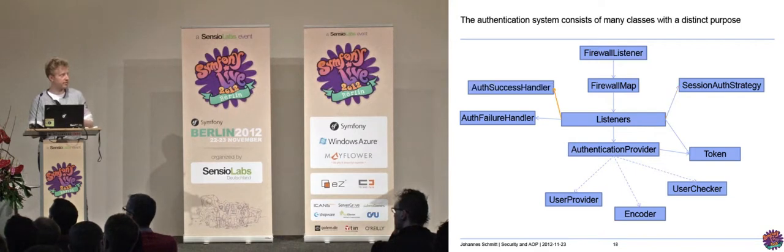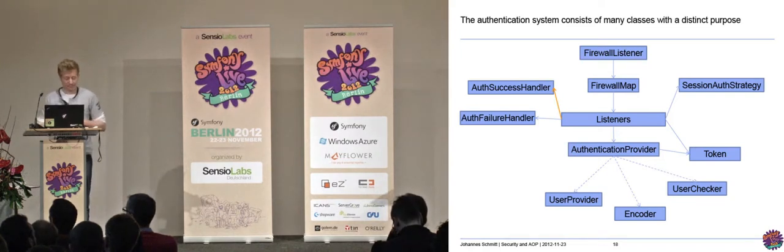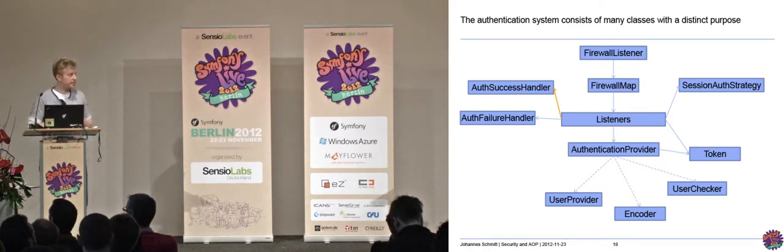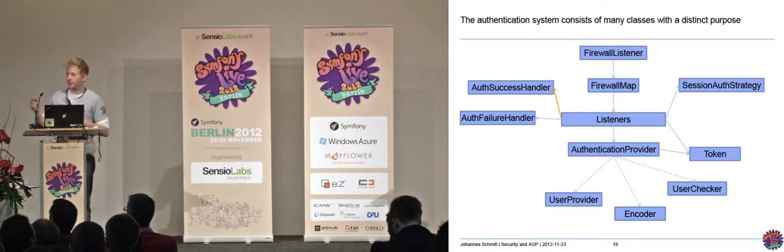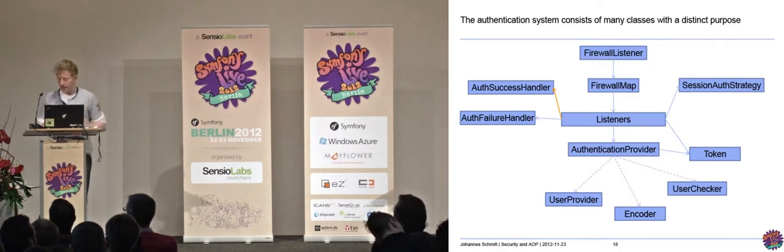And then, of course, we have the other case that the authentication was successful. And we have another listener, another handler, which is called there, the authentication success handler. In the case of form login, that would basically redirect to your homepage or the page where the user came from when he had an access denied exception.